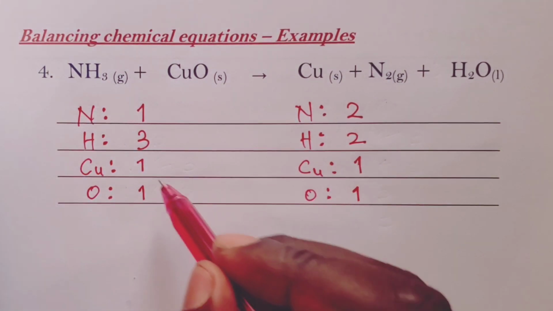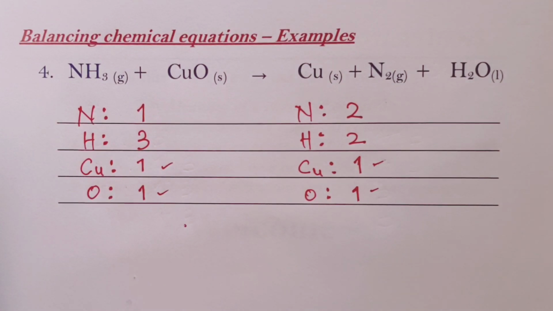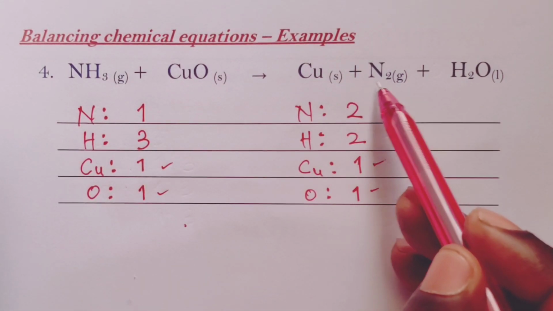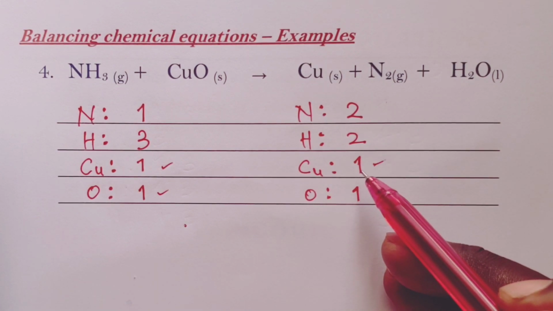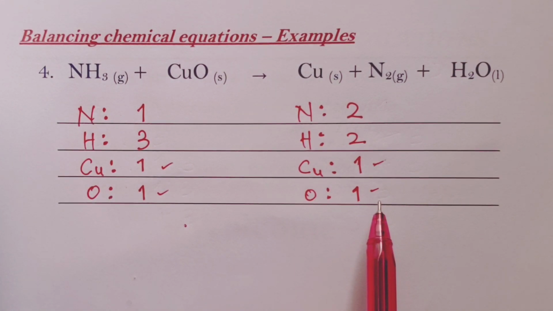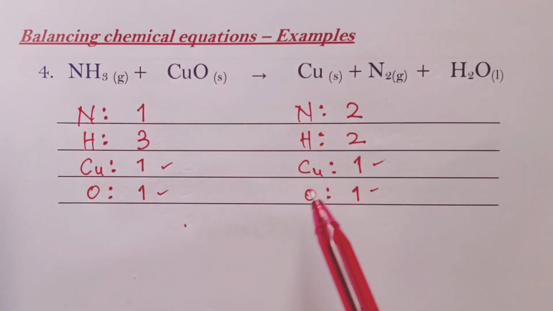Now, copper and oxygen appear to be balanced, but there is an issue with hydrogen and nitrogen. Looking at this equation, you realize nitrogen stands alone. So we are not going to approach the equation from nitrogen. Let us now use hydrogen to try to balance, because nitrogen is standing alone on our right hand side.